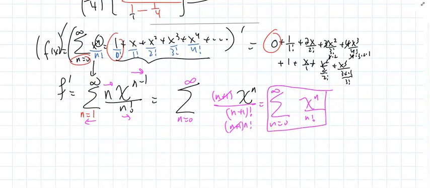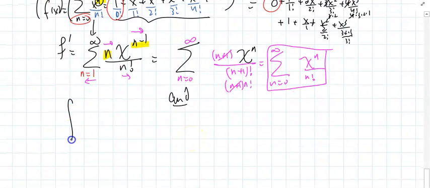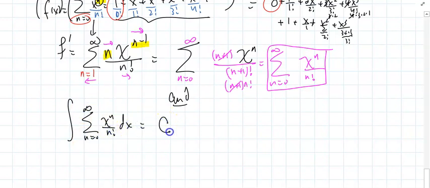Right? So the key is that if I want to take a derivative, I could treat this like a power function, bring the power down, subtract 1 from the power. And if I wanted to integrate the series n equals 0 to infinity of x to the n over n factorial with respect to x, guess what? C plus the series n equals 0 to infinity.